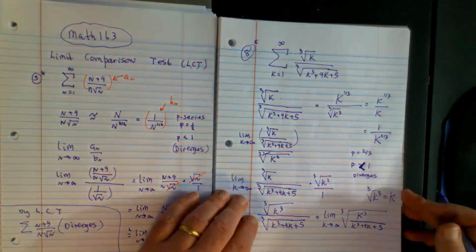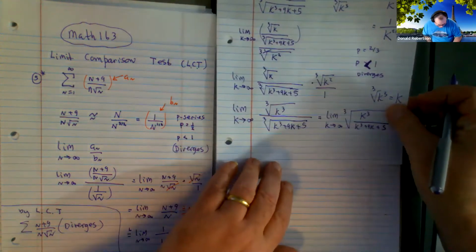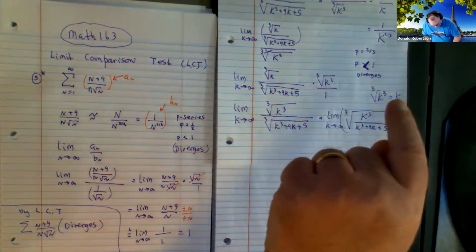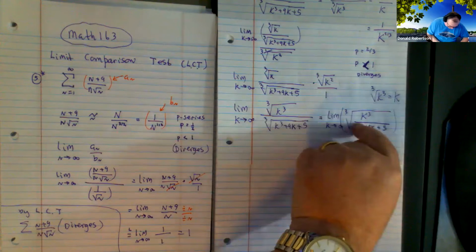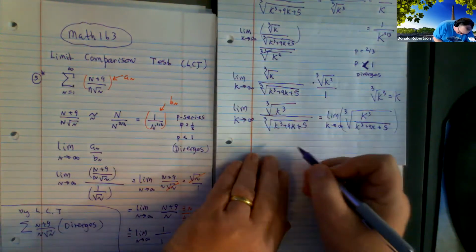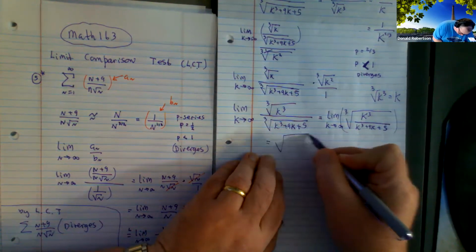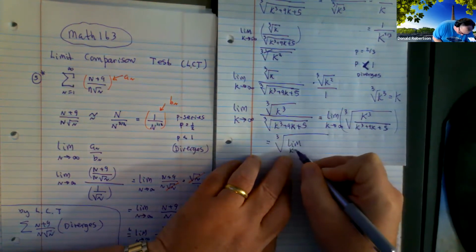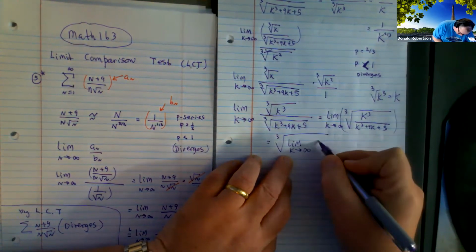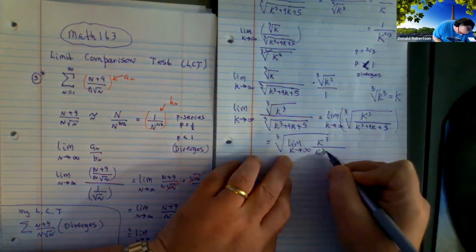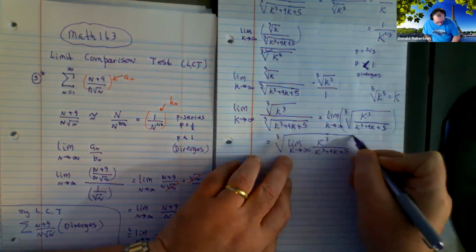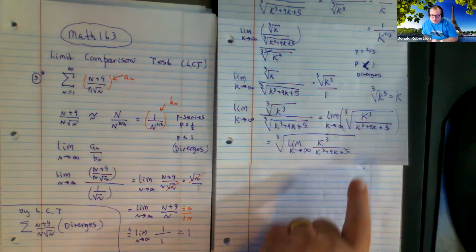Now what I'm going to do, there's a lovely rule in limits that says if you're finding the limit of an ugly guy, you can sometimes pull out part of the ugly guy. And by that I mean, I can now do the cube root of the limit as k tends to infinity of that. In other words, I switch the order in which we do things. So I'm going to do the limit first and then the cube root of that answer. So that is allowed. Now, why is that helpful?